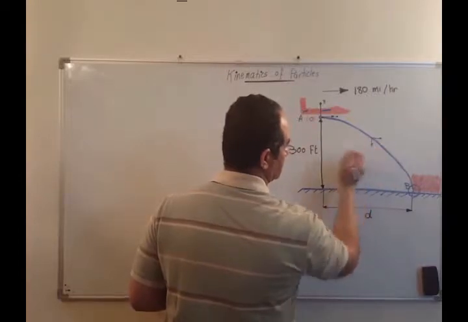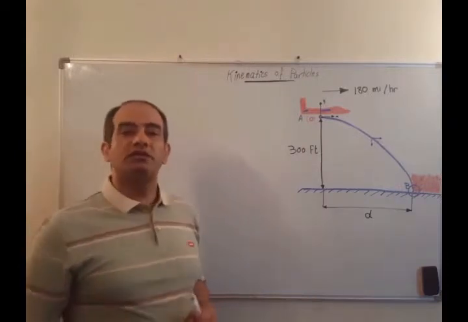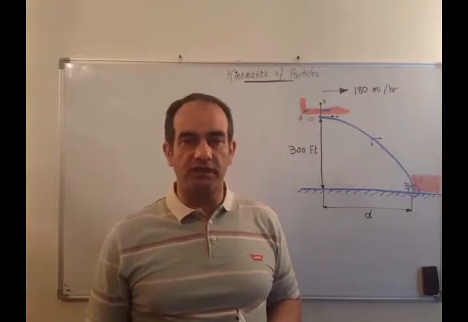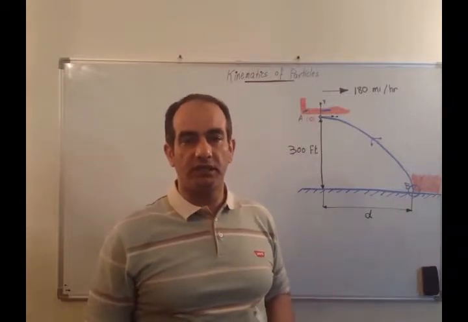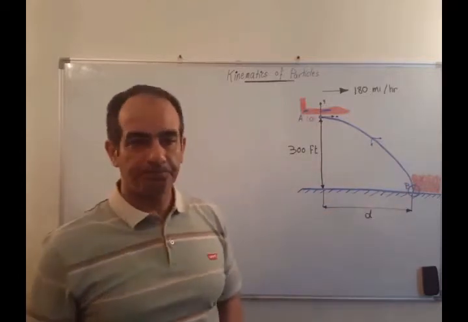So, how can we describe the displacements and the velocities of this particle along this path?